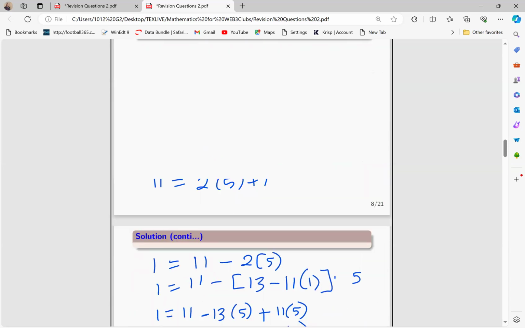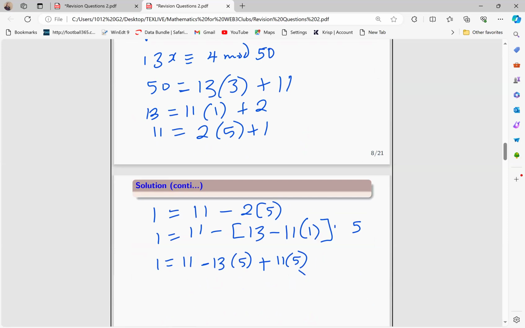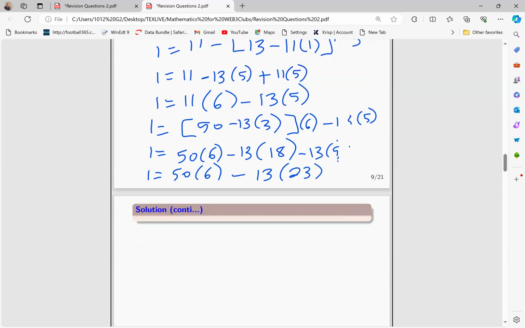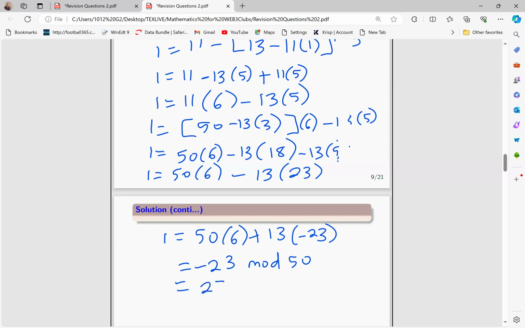So we were trying to find the inverse of 13. So if we rewrite this, the inverse is negative 23 mod 50, which is 27.